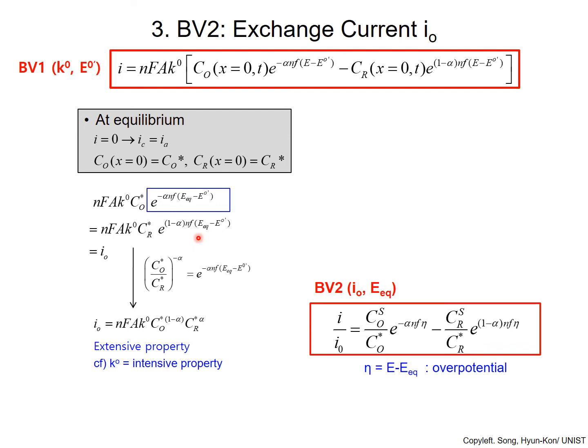Then this current can be defined as the exchange current, here I0. So again, the cathodic current at equilibrium should be the same as the anodic current at equilibrium. Also, we could define the equilibrium current for each process as the exchange current.